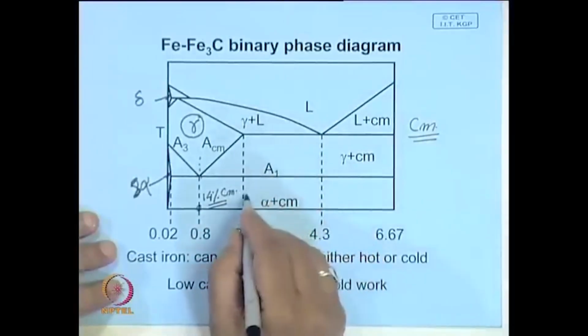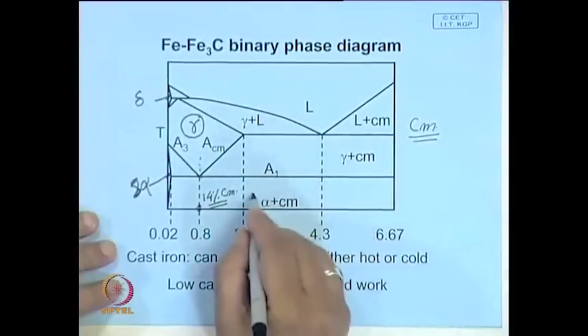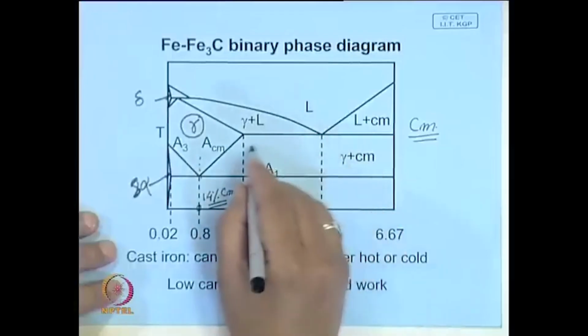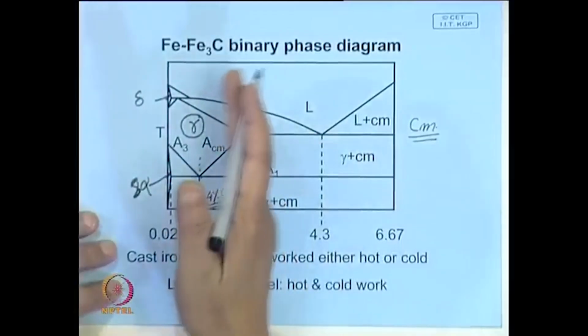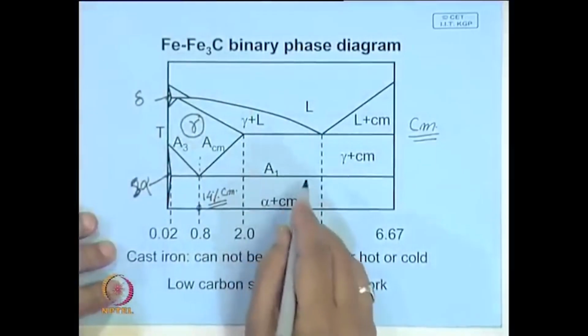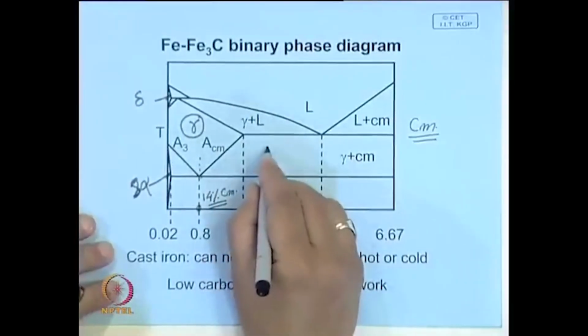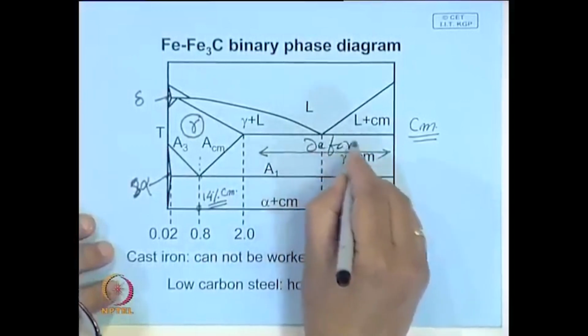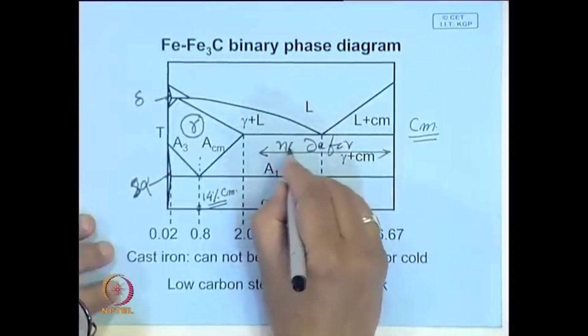So, not only is cold work ruled out, even hot working will be extremely difficult. Therefore, when you have a large amount of cementite, in this area they are not amenable to any deformation processing.